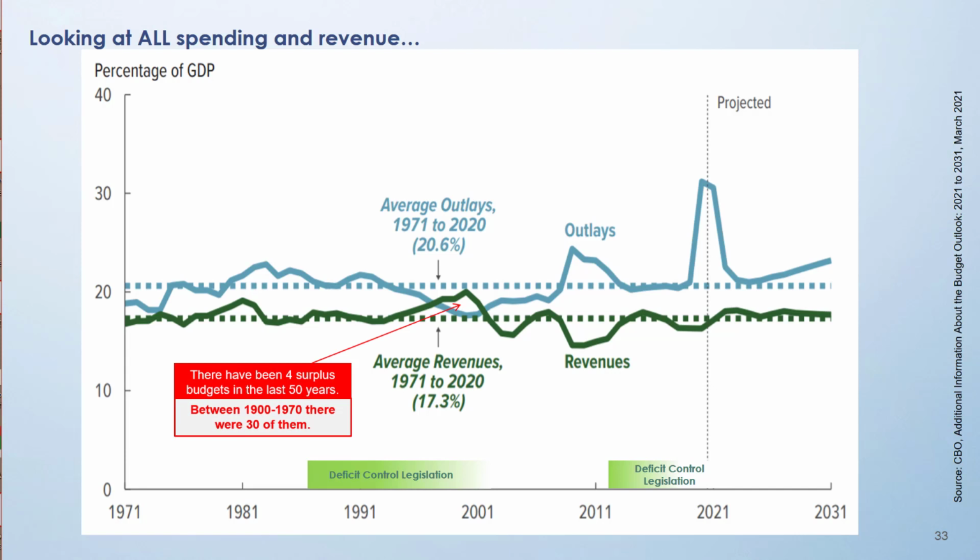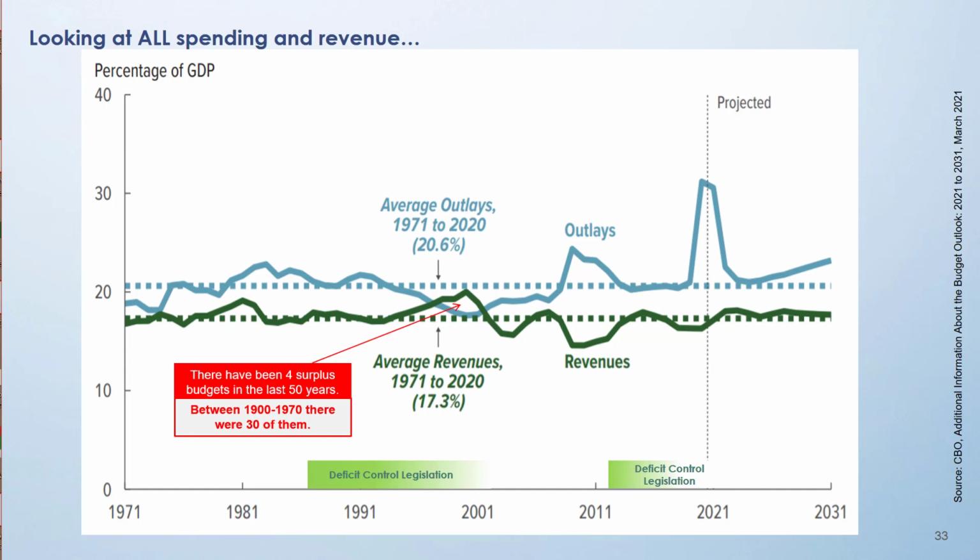You'll note there have only been 4 surplus budgets in the last 50 years. The other 46 have been deficits. Contrast that to the period between 1900 and 1970, where there were 30 surplus budgets. And also consider what went on in those 70 years. We had a Great Depression and 2 world wars.